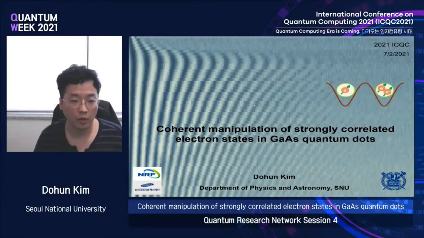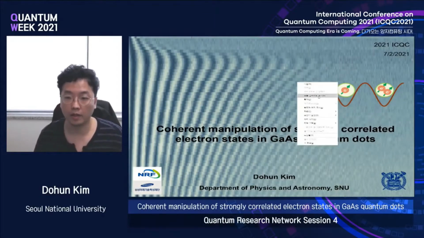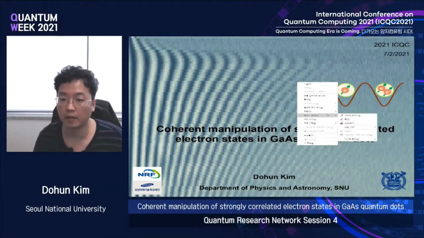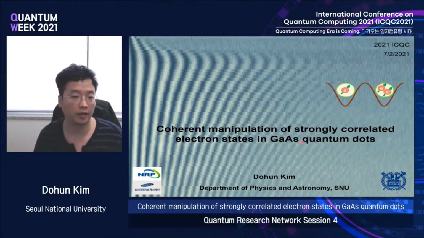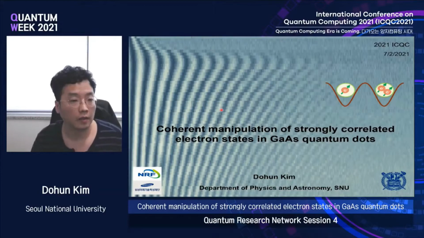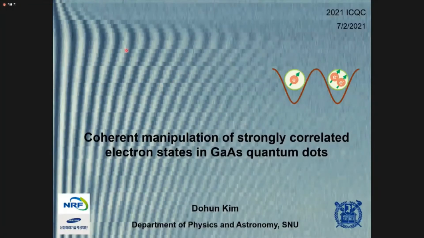Today, what I'd like to talk about is coherent manipulation of electron spin states, multi-electron spin states in gallium arsenide. The picture you are seeing here is one of our examples of coherent interference that is made by free electron spins inside the gallium arsenide quantum dot.